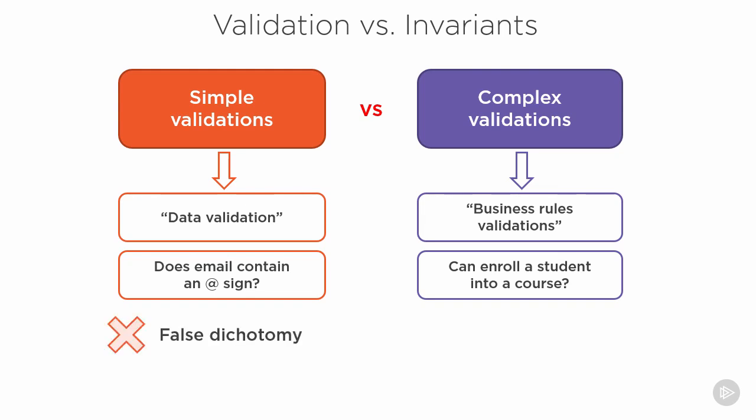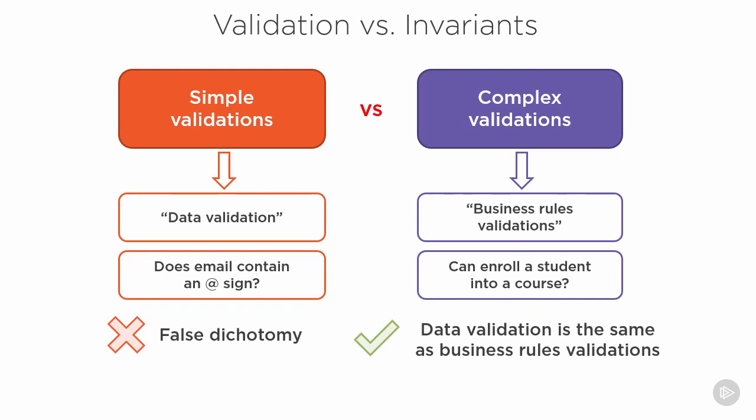This is incorrect. Data validation is the same as business rules validation. They both represent your application's invariants. The only reason why people segregate them is to rationalize having two ways of handling input validation. Simple validations are normally tackled by frameworks, such as Fluent Validation, while complex validations by controllers.